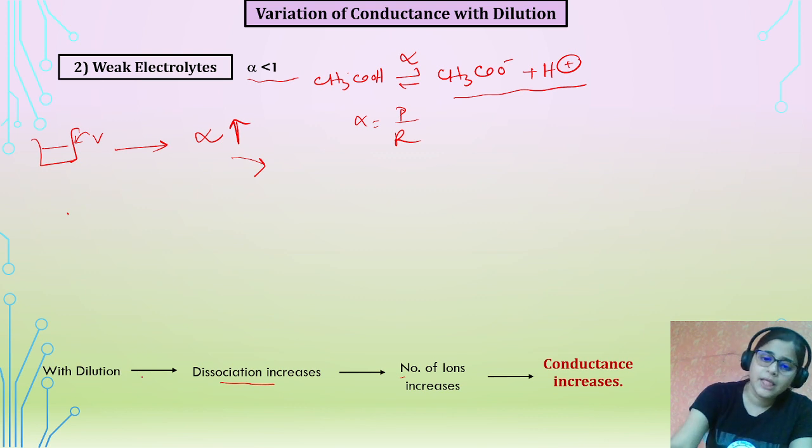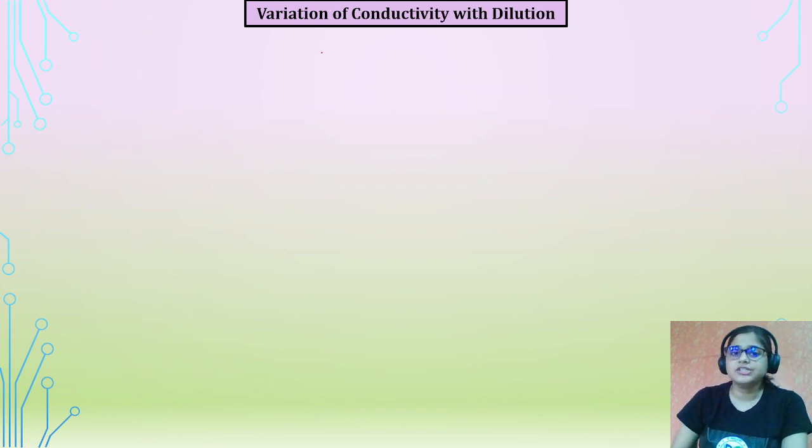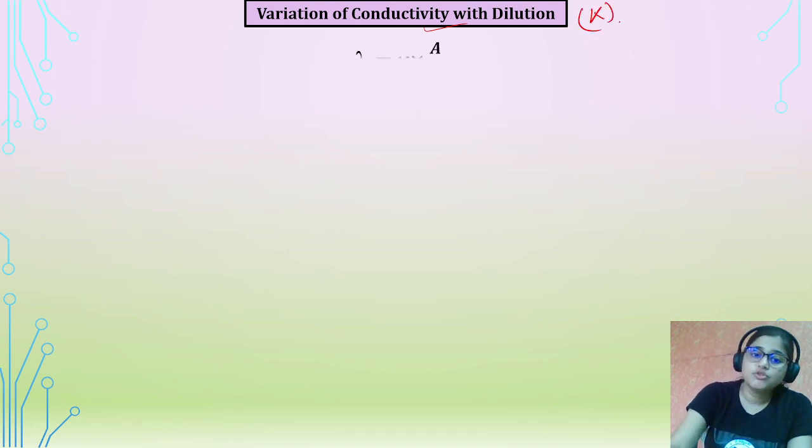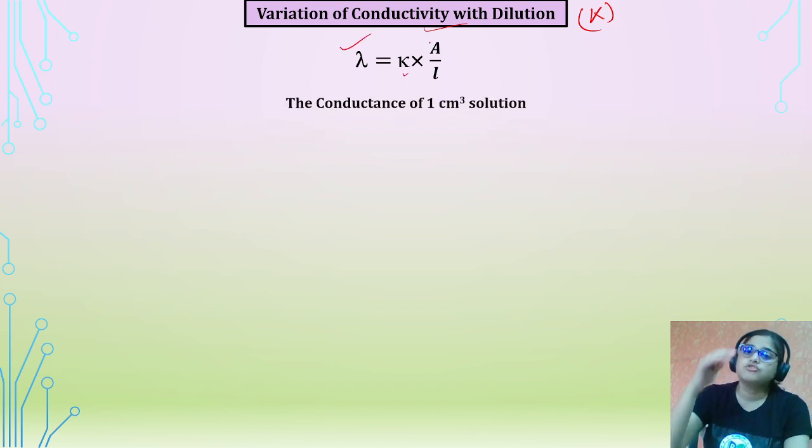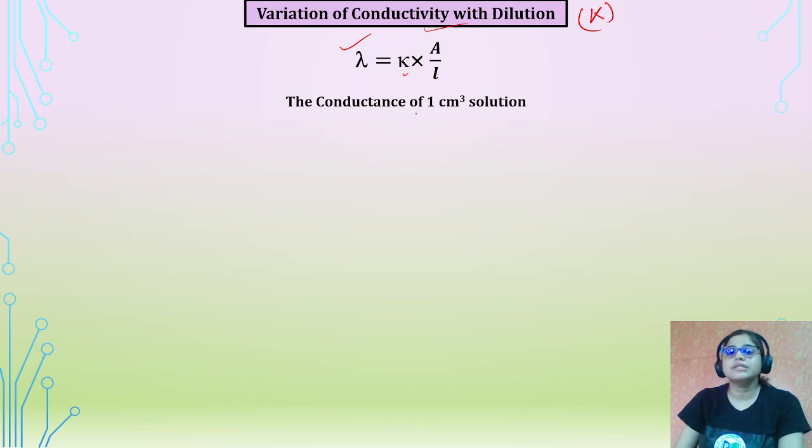Okay. Now coming to the variation of conductivity with dilution. Conductivity means kappa, right? We know that this is kappa, this is conductance, and this is l by A. The conductance of one cubic centimeter of solution, when l is 1 and A is 1, is called the conductivity, right?